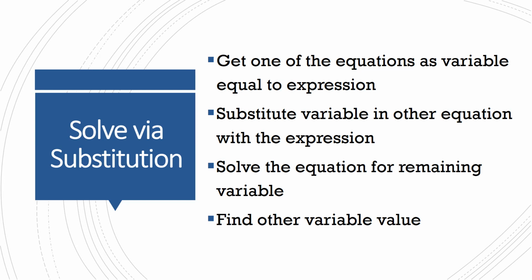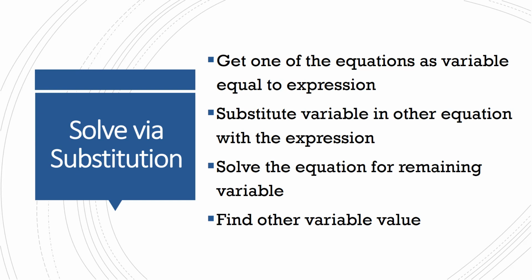Once I have that, then I substitute the variable in the other equation with the expression that it was equal to in the original equation. So if I have y is equal to an expression in equation 1, I will substitute the y out in equation 2 with the expression.